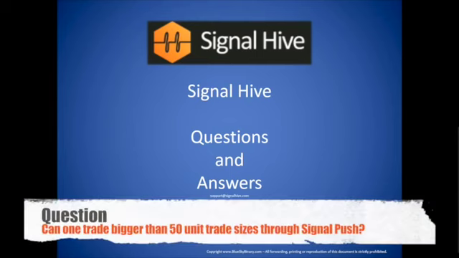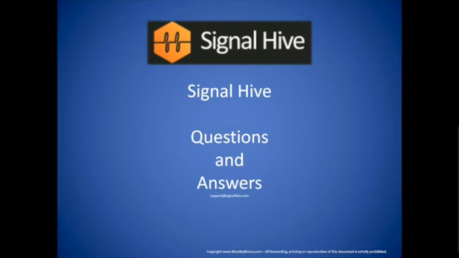Okay, Mark is asking, is it allowed to trade bigger sizes through signal push? We still rely on the $50 maximum trade size. This is set to either 25 or 50 by default from our side. However, I think it is worth mentioning that the signal push program itself allows you to override any default trade size that we set.